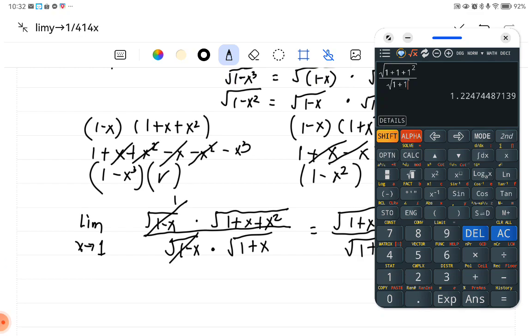We have the value of 1.22. So the answer here is 1.2247, or simply the square root of 3 over 2. That would be our final answer.